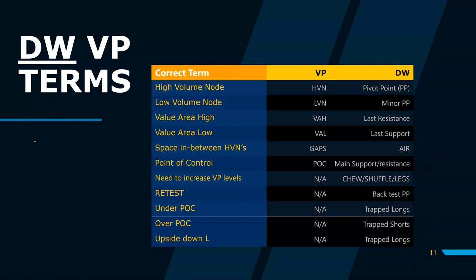So here, now this is HVN, right? This is a high volume node. So I call this a pivot point. You'll hear me oftentimes say this is a pivot point on the chart. The reason it's a pivot point, guys, is because it's a long, high volume node and there's a lot of people there. So if you're coming up to it and there's a long bar here, you'll probably get some kind of rejection, maybe like that, or it rejects and goes down, right?